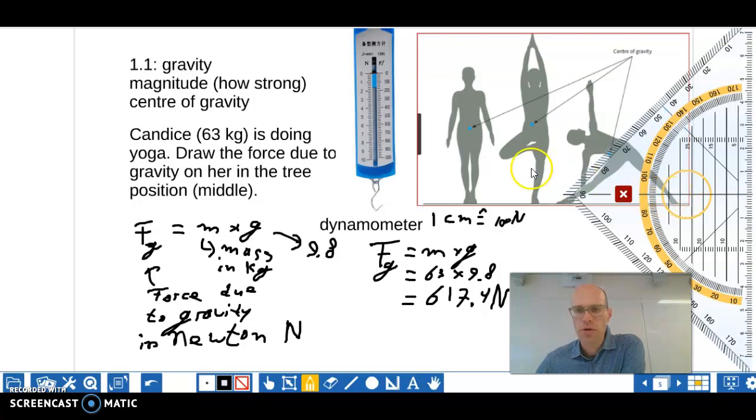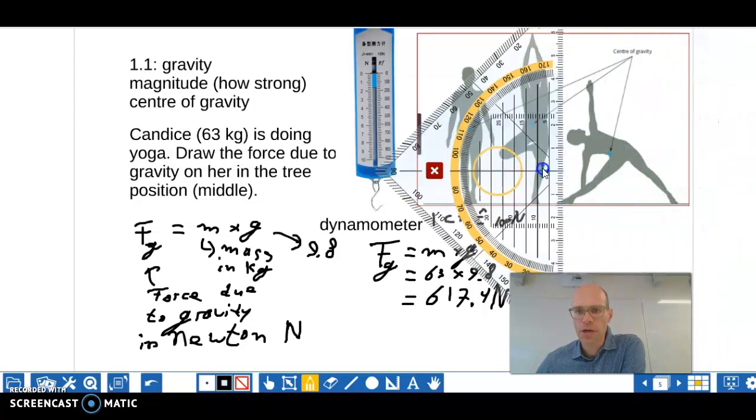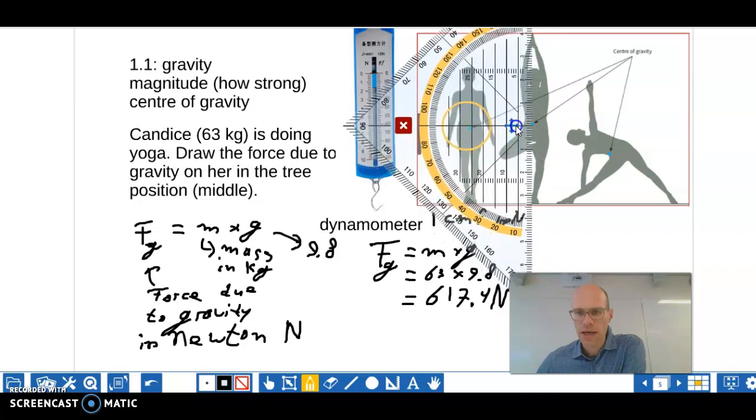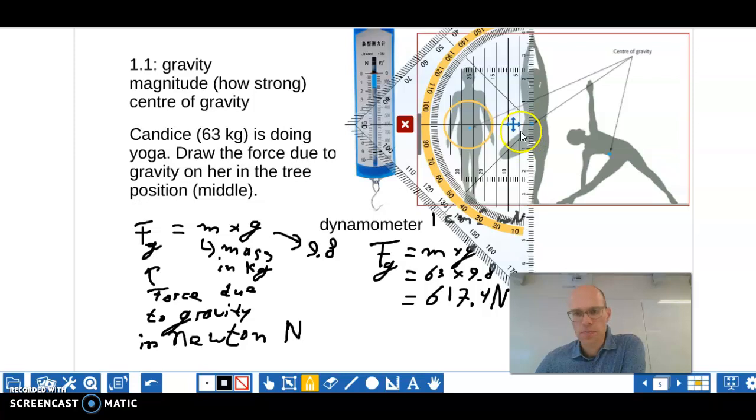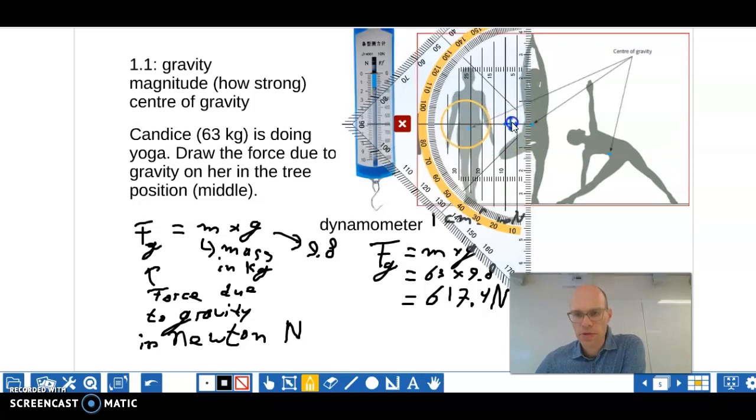Okay, we need to draw it, and in the tree position, this is the tree position with yoga, and well, we need to grab our geo triangle, as you can see I already put it, and then we need 6.17 centimeters, of course.